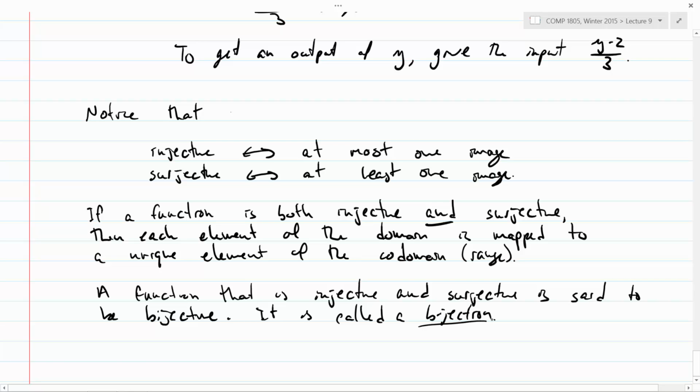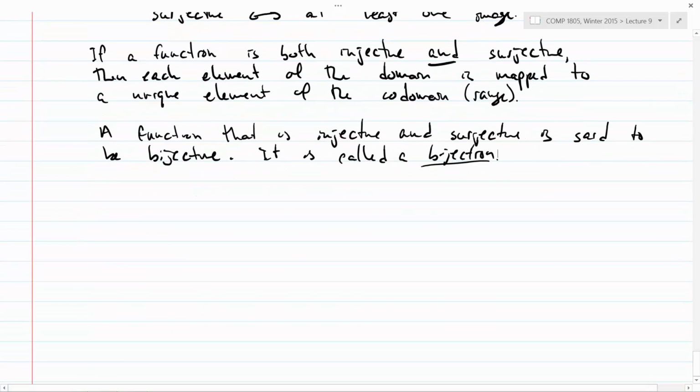All right. So if you want to show that a function is a bijection, that it's bijective, you do two parts. You first show that it's injective, using the techniques we already saw, and then you show that it's surjective, using the techniques that we already saw.